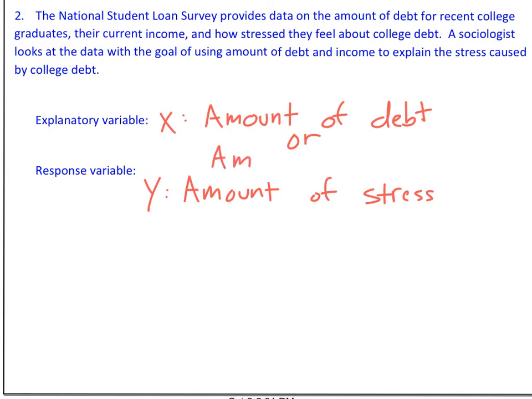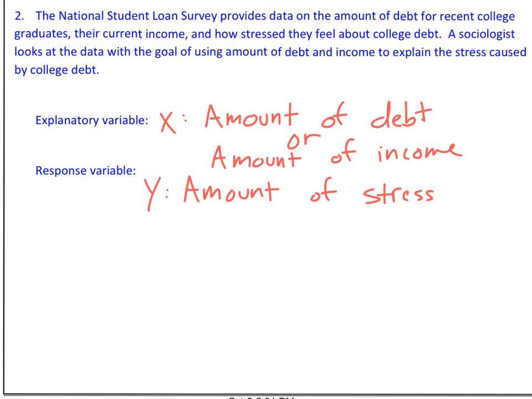But I think you could also say the amount of income, because that seems like another variable that could impact stress as to how students feel about college and debt. The higher the income, you may have student perspectives that are just not as stressed out about it because, sure, college tuition is a bunch, but you feel like you've got a really good plan to afford it and make it work.